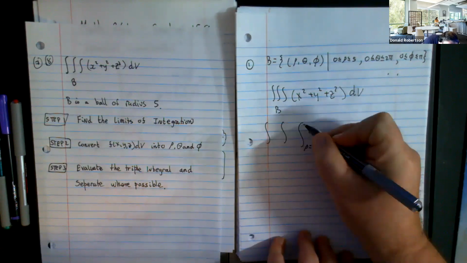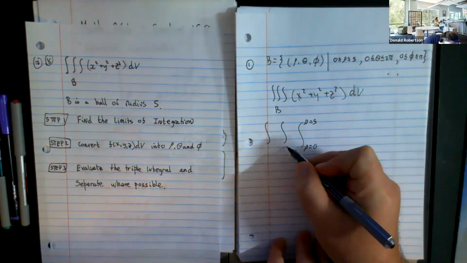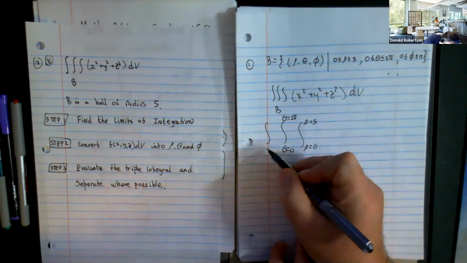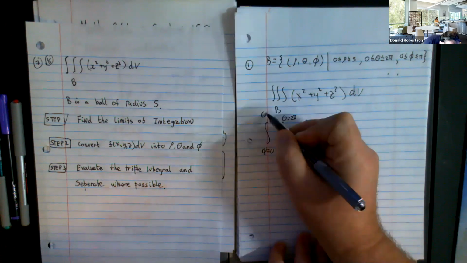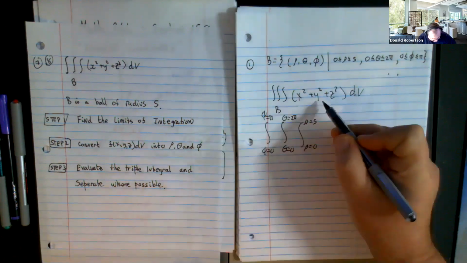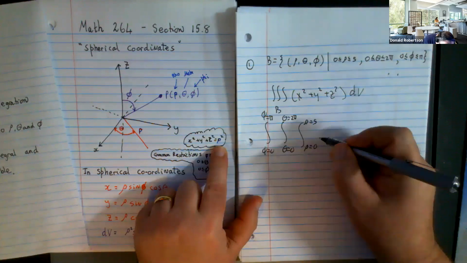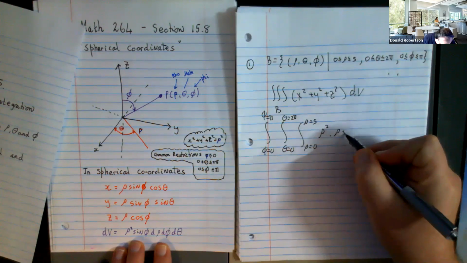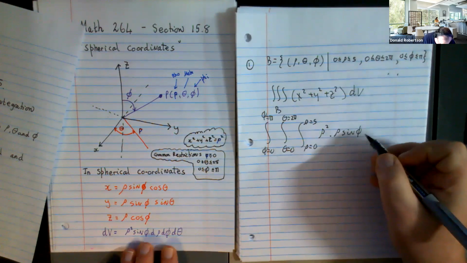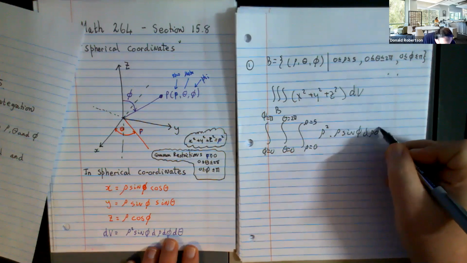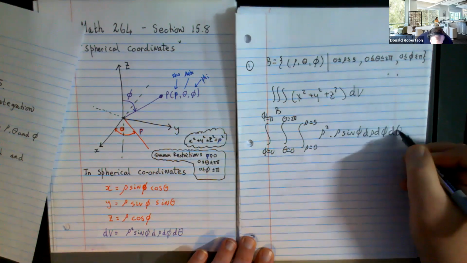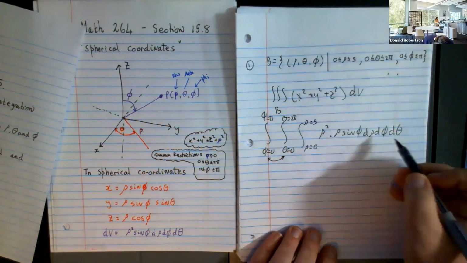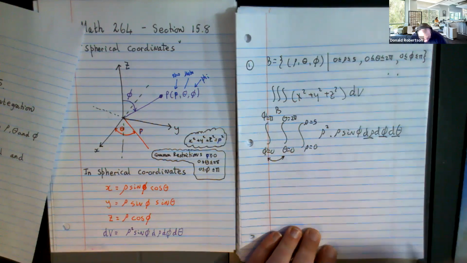Rho goes from 0 to 5, theta goes from 0 to 2 pi, and phi goes from 0 to pi. x squared plus y squared plus z squared simplifies down to rho squared. dV gets replaced by rho squared sine of phi, d rho, d phi, d theta. Pretend I switched the places of these, because based on the order I've written, the middle one should have been phi.